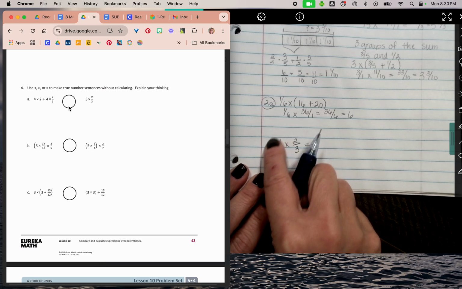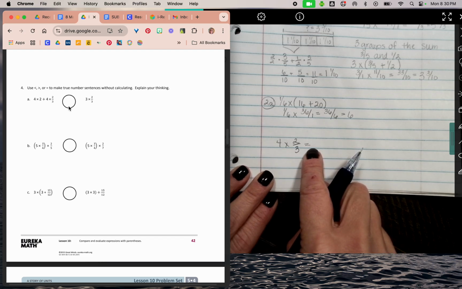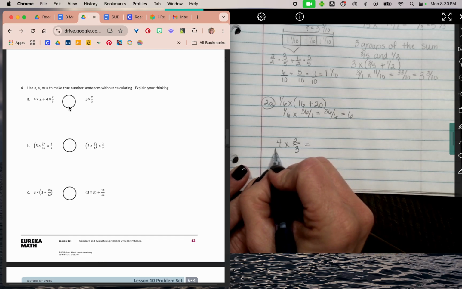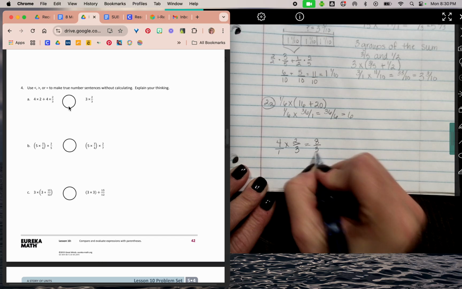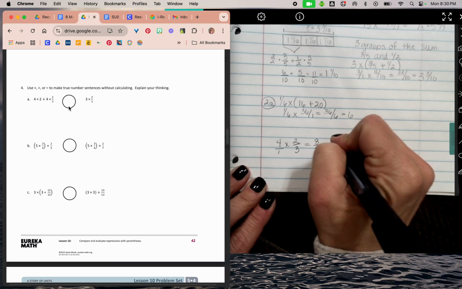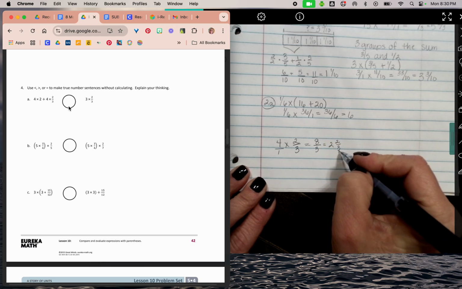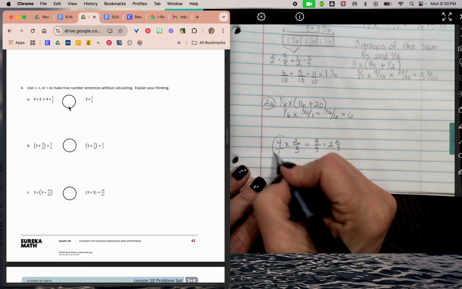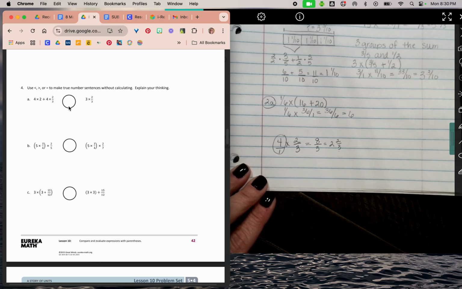So we are not going to get this whole group of 4. Our product is actually going to be smaller than that. So we know that we're going to end up having 8/3, and 8/3 converts into 2 and 2/3. So our product is smaller than the whole number when we multiply it by a fraction less than 1.